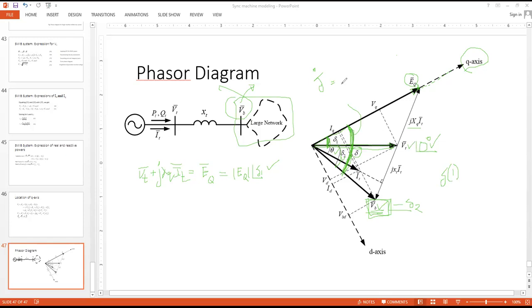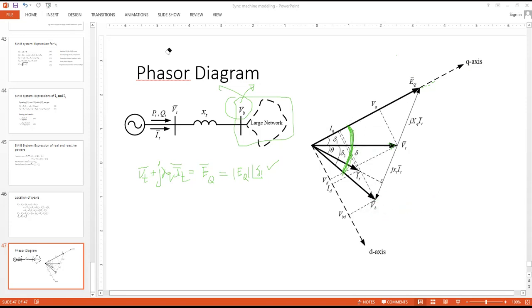So once we calculate EQ, we find that the corresponding angle for that phasor EQ is delta 1. And then we can easily draw the delta only. Okay, the delta is the angle between VB and Q axis.